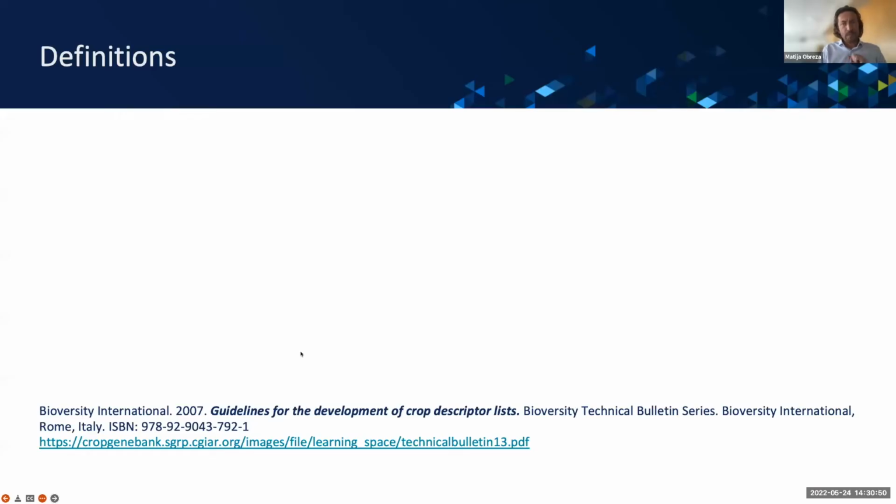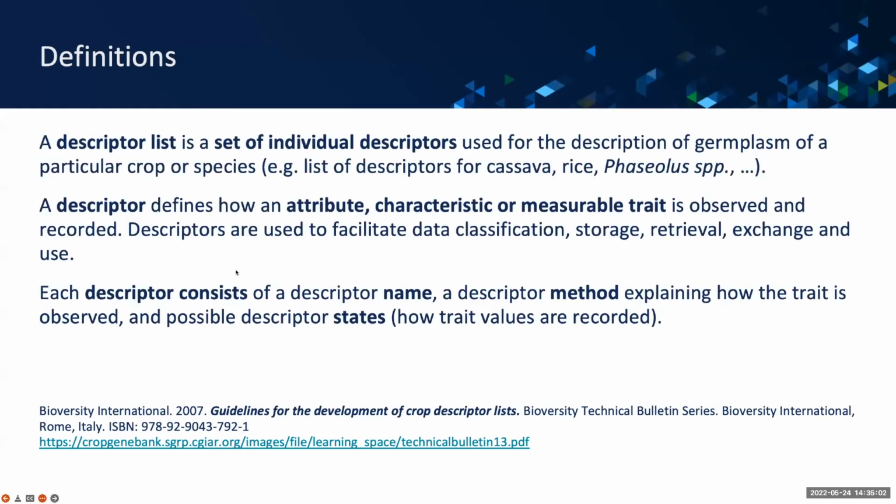So let's look at some of the definitions to make this discussion a bit easier, right? So descriptors define the trait, how the trait is observed and how it's recorded, and we need that information to be able to exchange data, to store it properly, to use it properly. And each descriptor consists of a name, the descriptor method that explains how the trait is observed, and possible descriptor states, which is basically how the trait values are recorded.